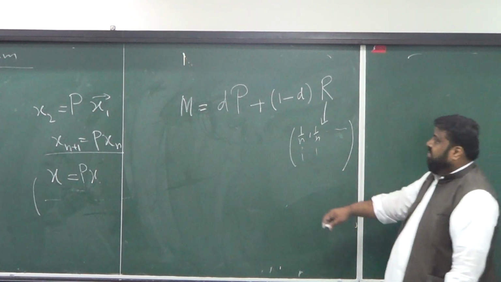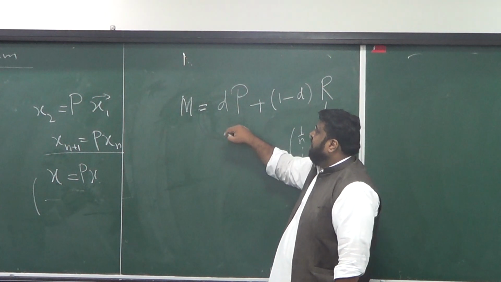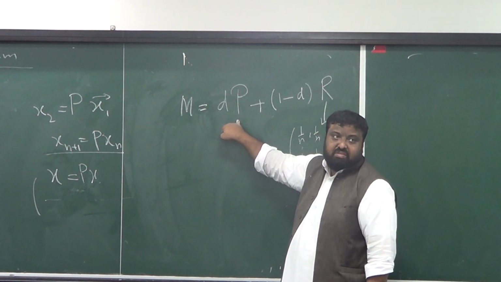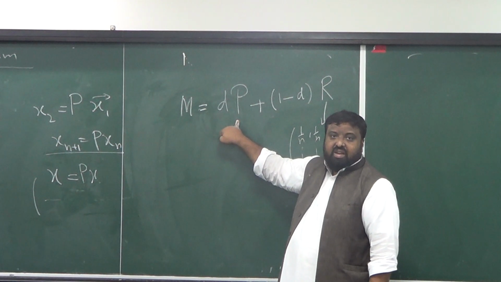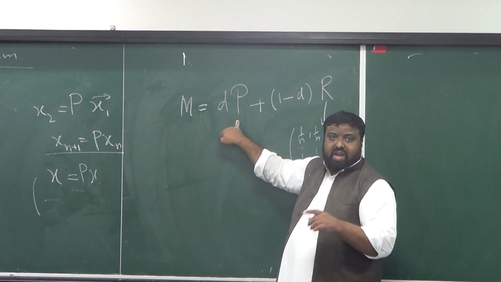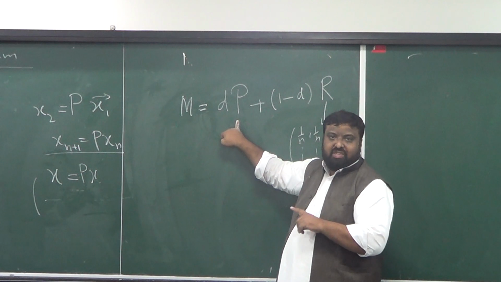Basically what I am doing is modifying my transition matrix P. Why should this modification have such a form?